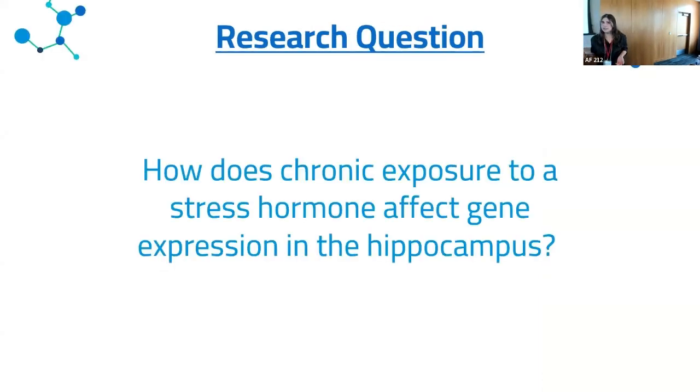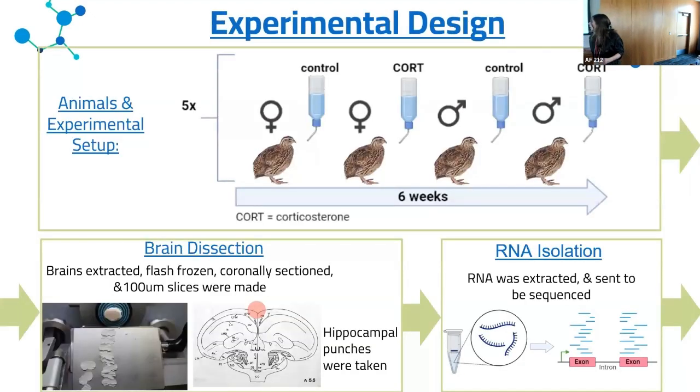With that context in mind, we asked the question, how does chronic exposure to a stress hormone affect gene expression in the hippocampus? In getting into our experimental design, our study species were male and female Japanese quail. This is a species that can be chronically exposed to stress in captivity.